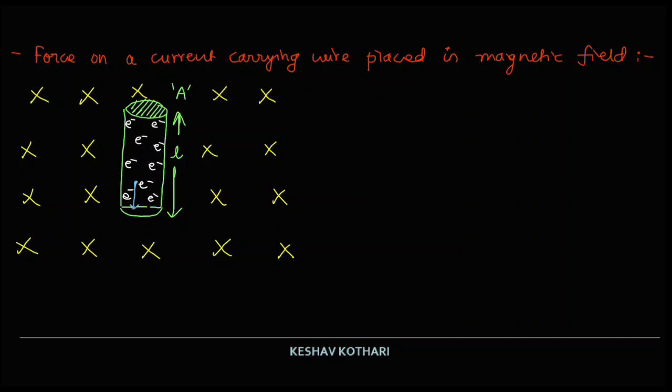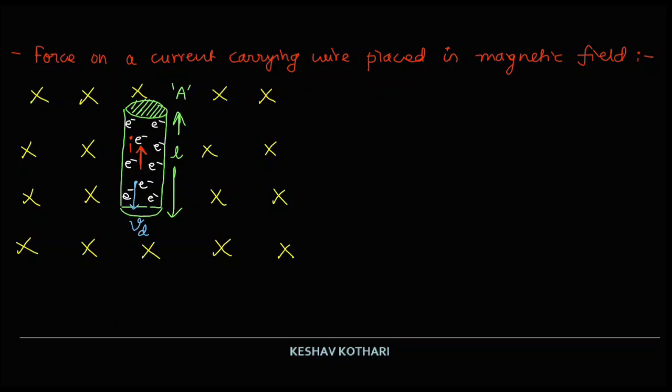They all are moving in the downward direction with a value equivalent to the drift velocity Vd, and hence we can say that the direction of current in this wire is in the upward direction, opposite to the direction of electron flow, that is I is in this direction. Or you can also consider that the positive charges are moving in the upward direction.